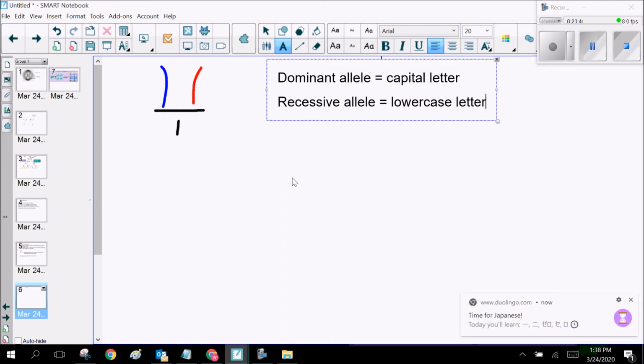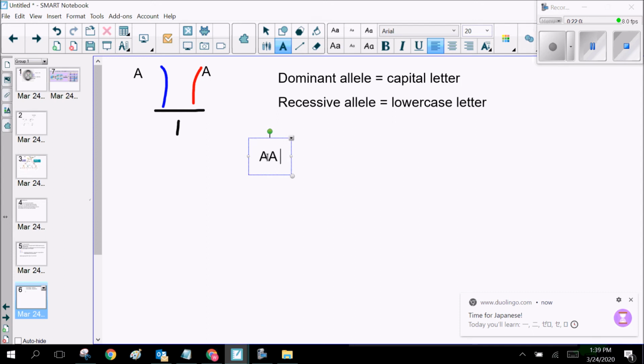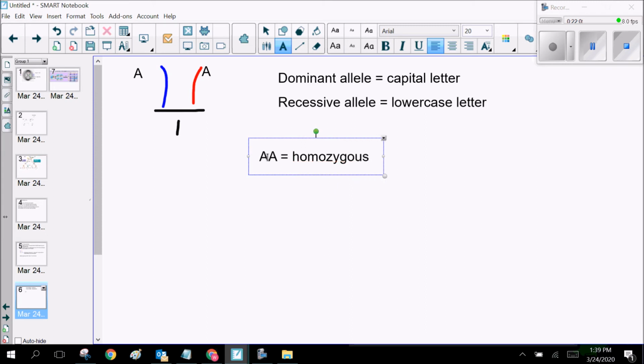We'll say the allele's letter is A, it doesn't really matter, and mom also has the dominant copy of the allele. Then you would receive 2 dominant copies, and this would equal what we call homozygous dominant, which means that it'll express the dominant phenotype because only the dominant allele is present.